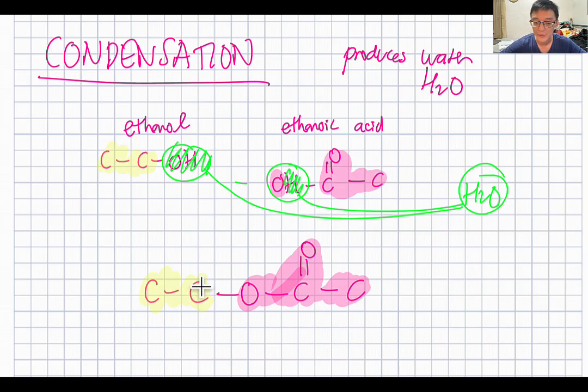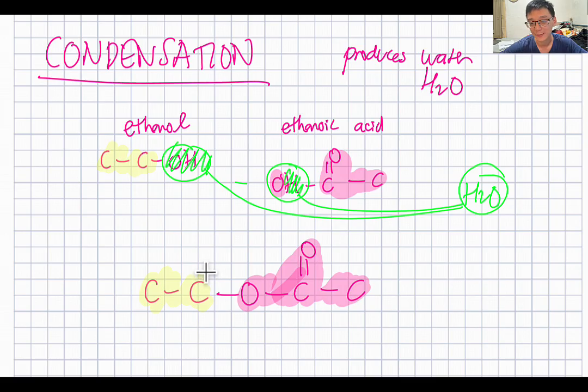So now my question is, if you are asked to extend this, there is no way, because there are no more ways for us to extract water in order to extend this molecule. So esterification is kind of considered to be a condensation because it produces a water molecule, but it stops here.